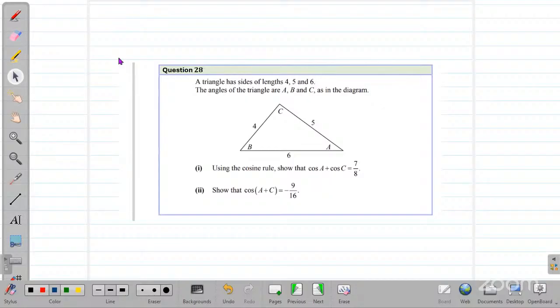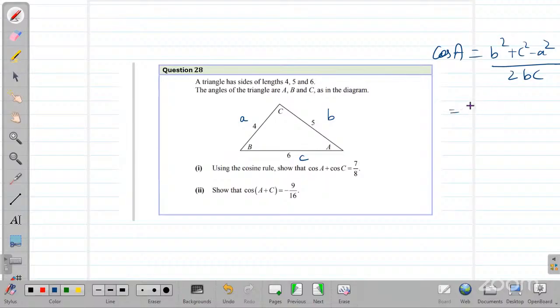What about the first part? Using cosine rule, cos A will be B square plus C square minus A square divided by 2BC. So opposite to A is small a, opposite to B is b, and opposite to C is c.